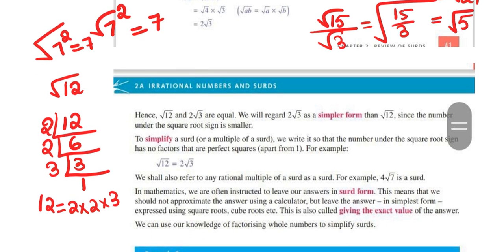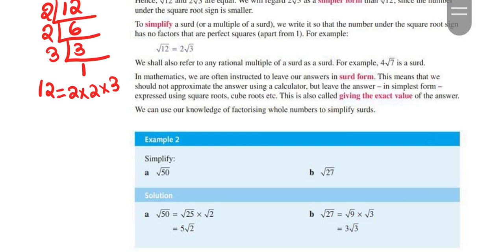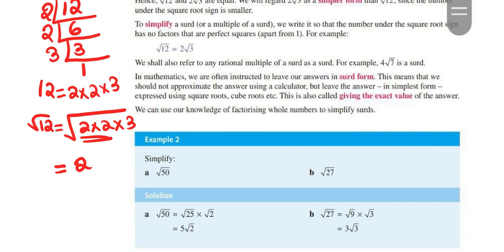Then square root of 12 is equal to square root of 2 times 2 times 3. From these two 2's, you have to take 1 two. From that pair, you can take 1 two outside. So it is 2. Then 3 is not in a pair, that you have to write inside the root.